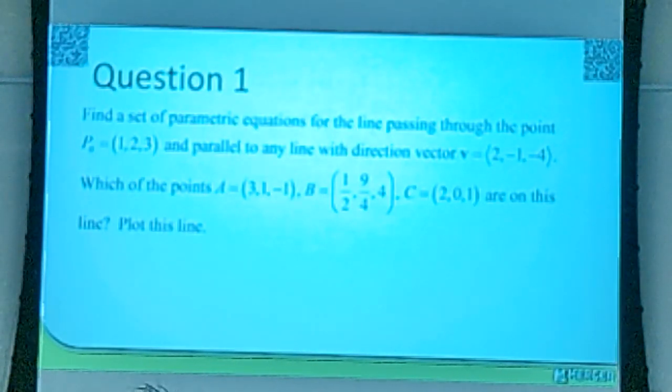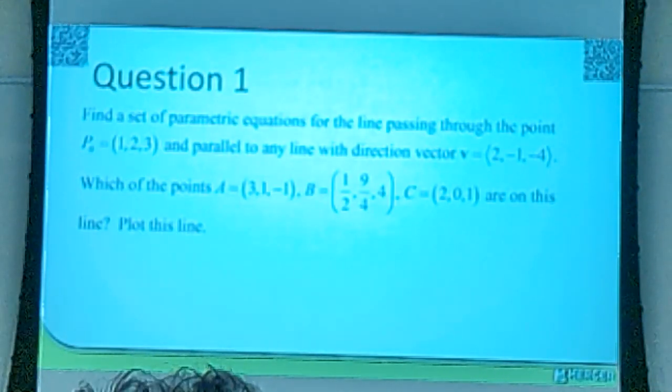Let's call that our line. And we know the direction vector is parallel to any vector v.